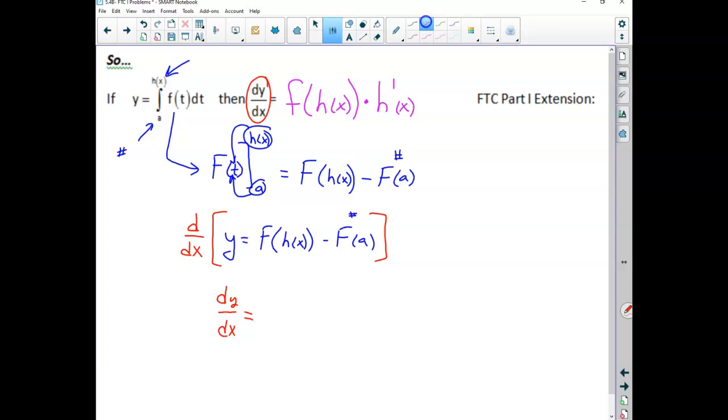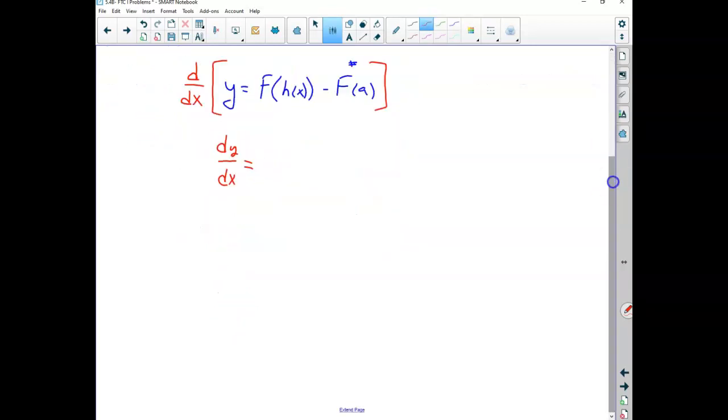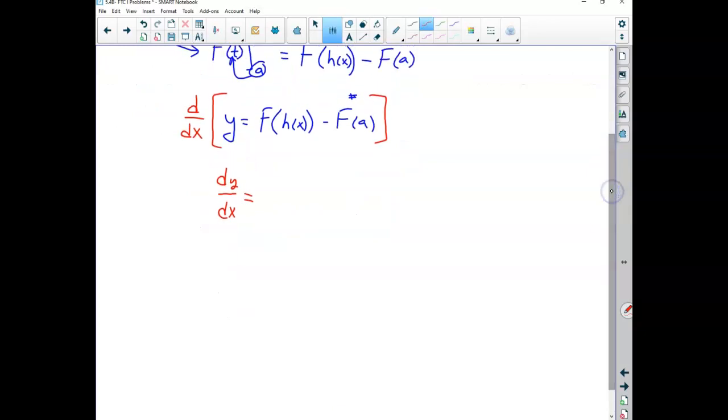It actually sounds like a composition function that we did earlier this year. And you know the derivative of big F is little f. We've seen that before. That's like f of g of x. Remember when we did that? That's called the chain rule. Composition functions, that's a big old fat chain rule.